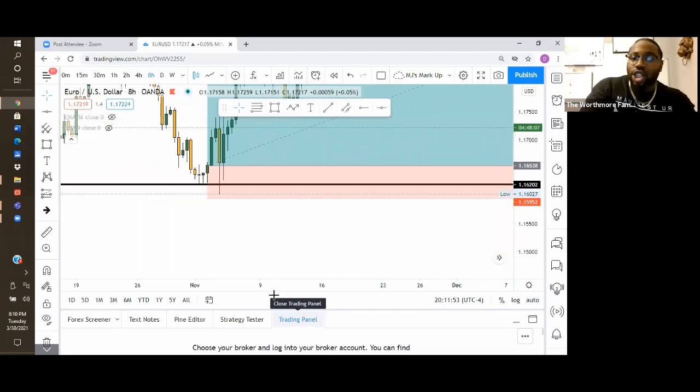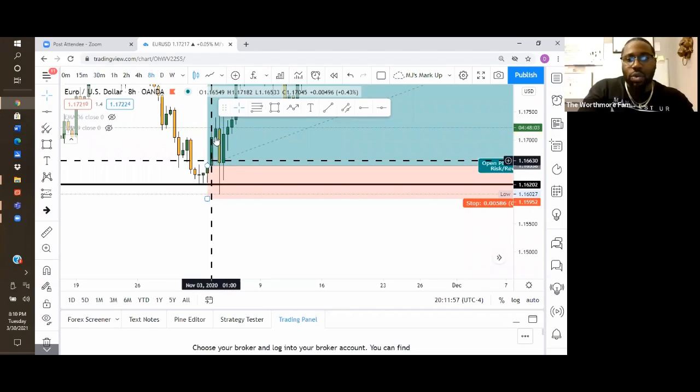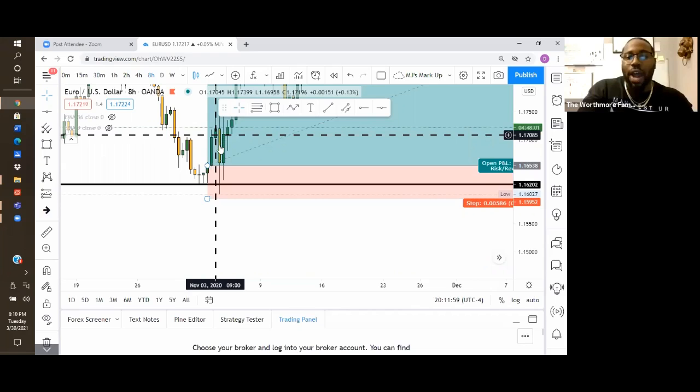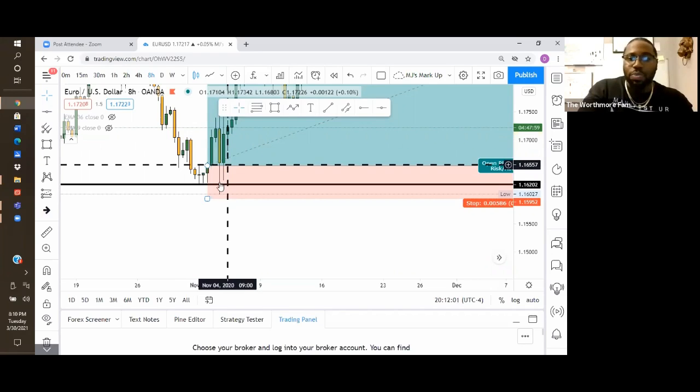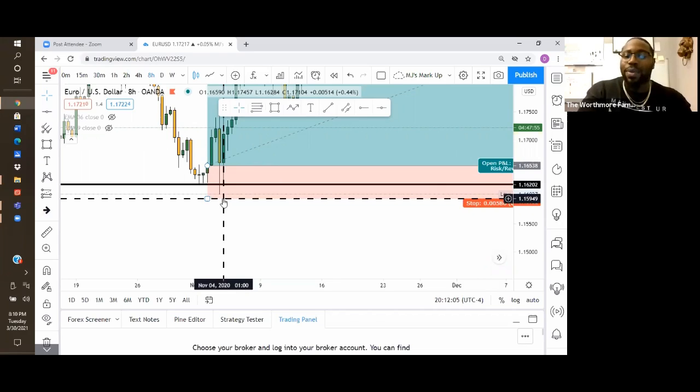And as you see, they tried me as a matter of fact, right? I made my entry here. I went into profit. Here, they took all the profits away, tried to scare me, and they pushed price all the way down here. I would not have moved my stop loss. I typically try not to move my stop loss until I'm at least halfway to my target. Keep that forever.